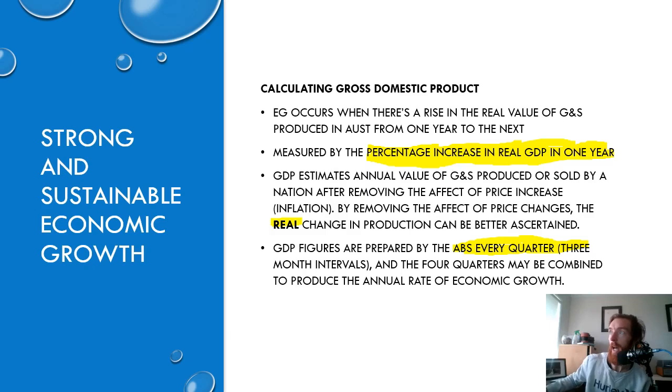If I bring it up on my other screen, if we look at the economic indicators, well, that's not the one at all, I wanted Trading Economics. So if we were to look at the quarterly figures, the last quarter we had a 0.5% growth rate.